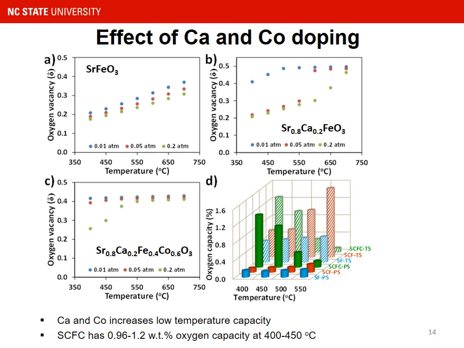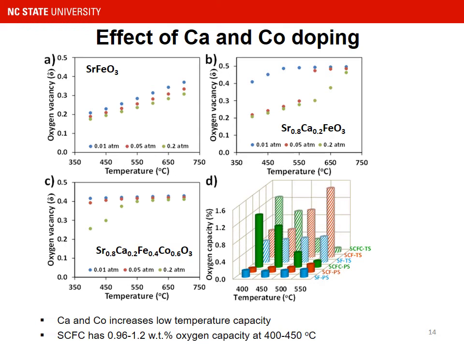It is interesting to note that by doping calcium at the A site, more oxygen vacancy can be created, particularly in the low temperature range for an oxygen partial pressure of 0.01 atm. This effect is further enhanced by co-doping calcium and cobalt.